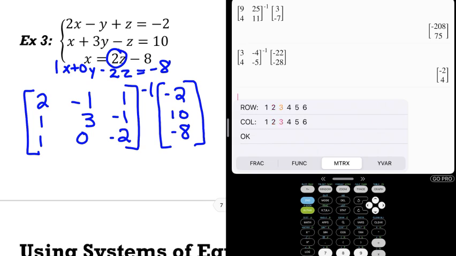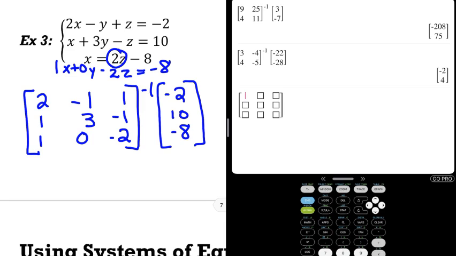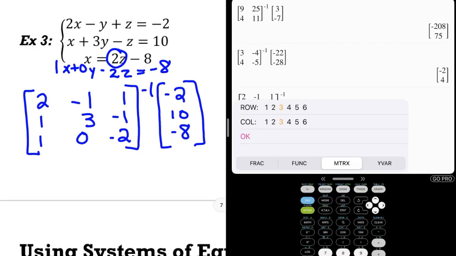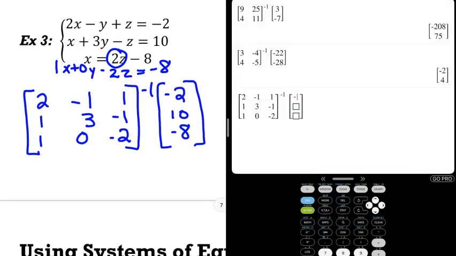So now we're going to start with the 3 by 3. Remember, we have 3 variables. 3 by 3. And then the second matrix is a 3-row by 1 column.